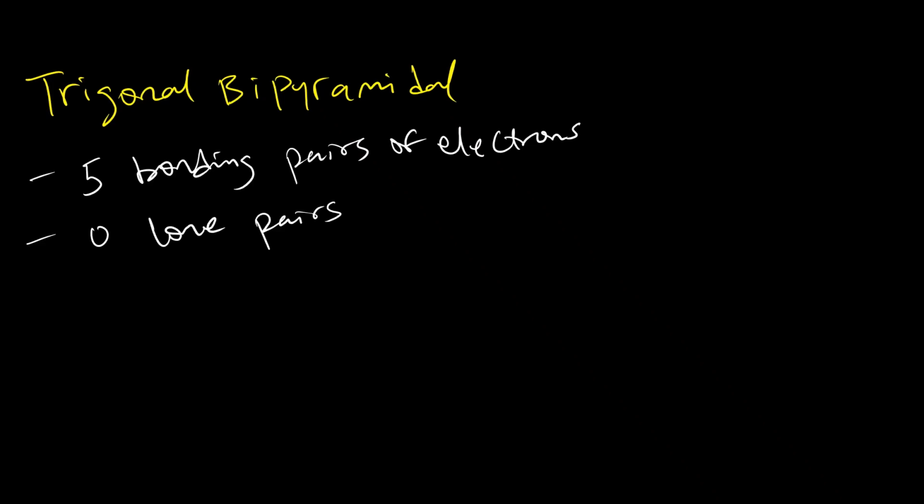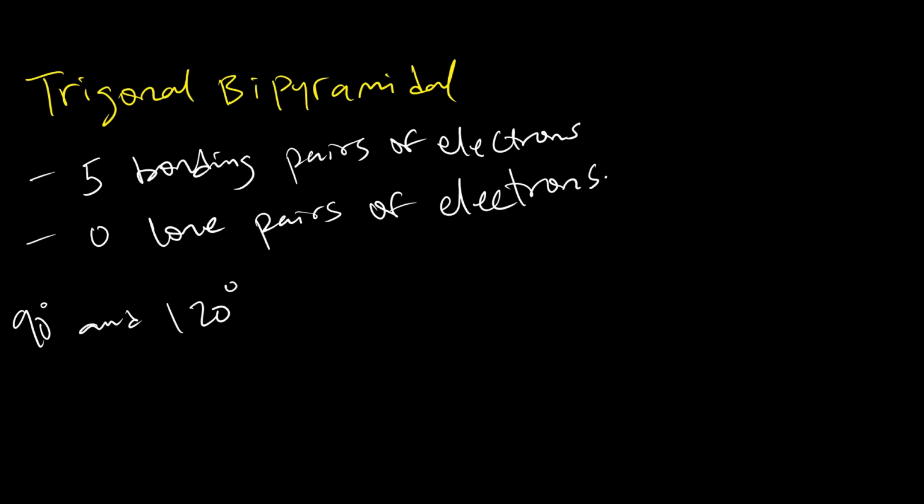The bond angles are usually 90 degrees and 120 degrees. An example can be seen in phosphorus pentachloride.